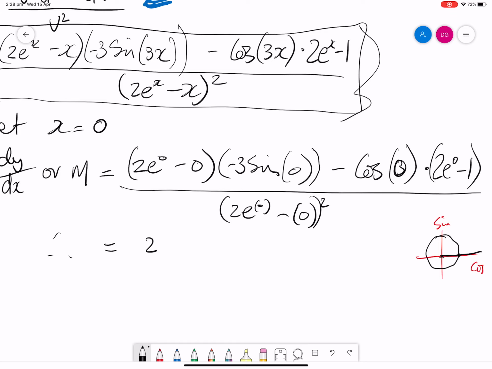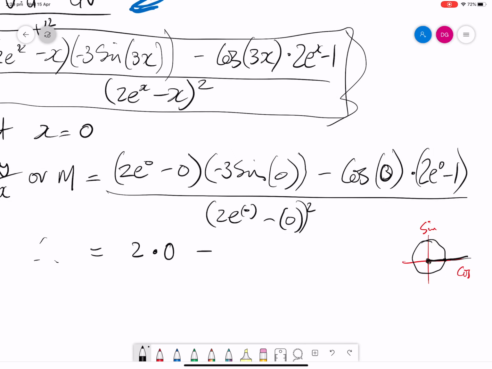So on my unit circle, when we've got an angle of 0, sine is equal to 0. So negative 3 times 0 is just 0. So we've got 2 times 0, which obviously is going to equal 0.